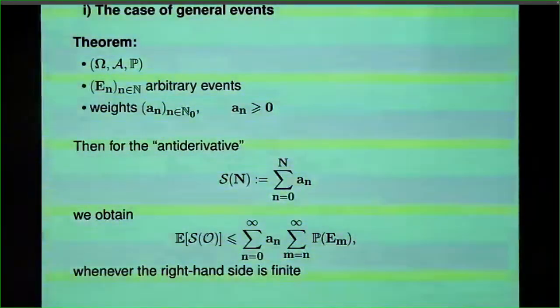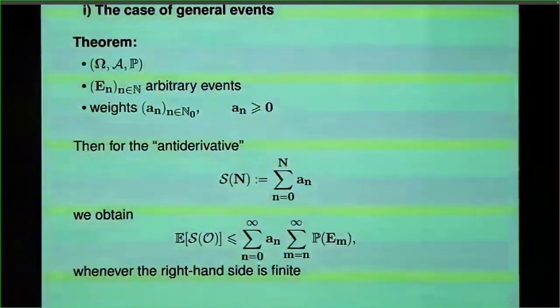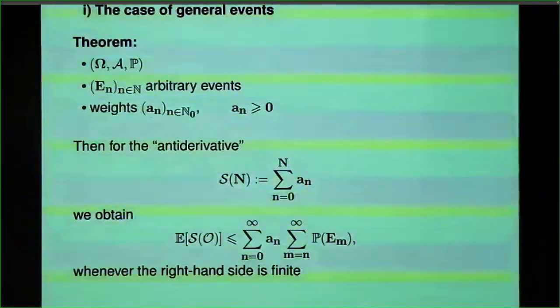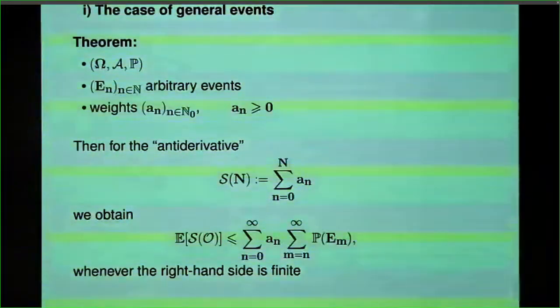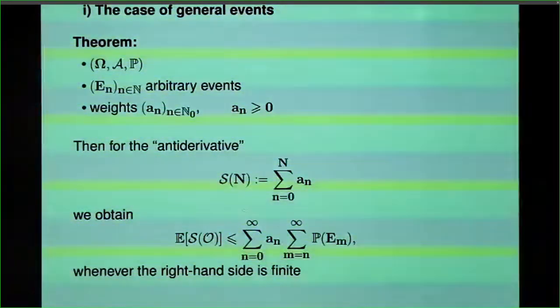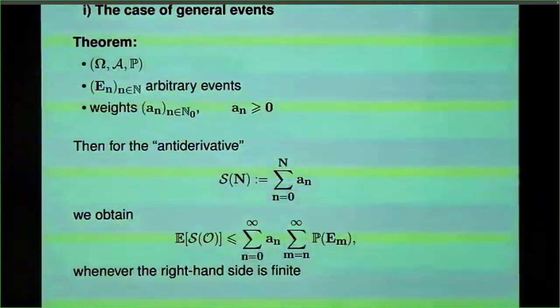What you do is you take the union from n to infinity, and what you lose is just one order. So you have the same setting, only that our events are not nested anymore. We have the weights, our antiderivative, and then we can bound these moments of order S if this quantity is finite.